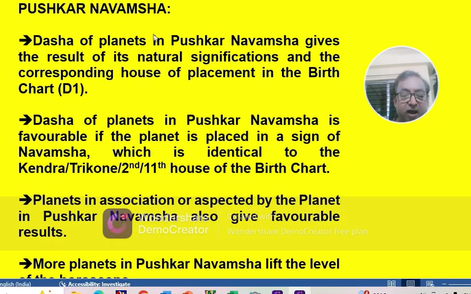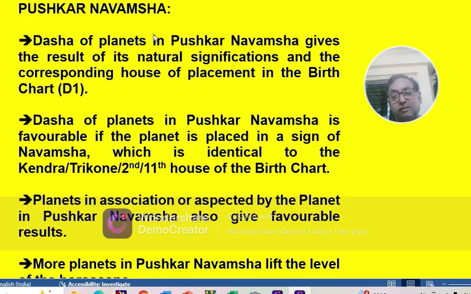Dasha of planets in Pushkar Navamsha is favorable if the planet is placed in a sign of Navamsha which is identical to the Kendra, Trikona, 2nd and 11th house of the birth chart.